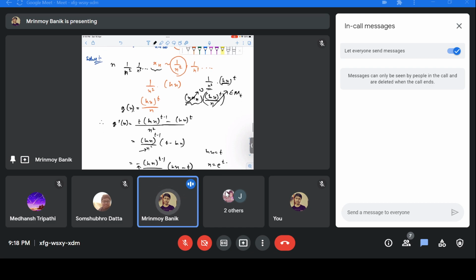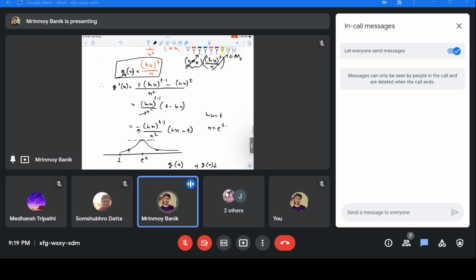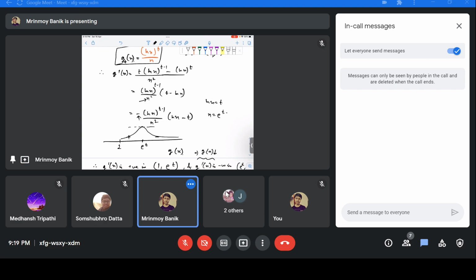So for that we take g to be the function (ln n)^t by n. Actually, it is g_t of n. And then we differentiate it. We get the critical point as e^t, since ln n minus t is 0 at e^t. To the right of e^t, the function g dash is negative.